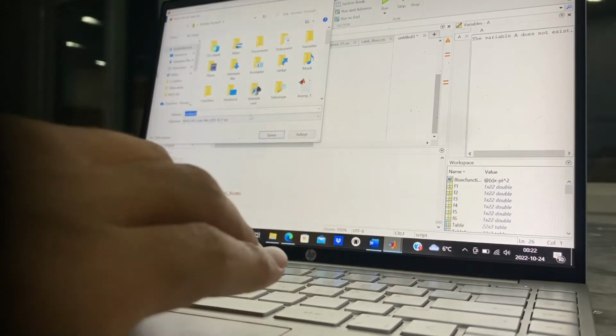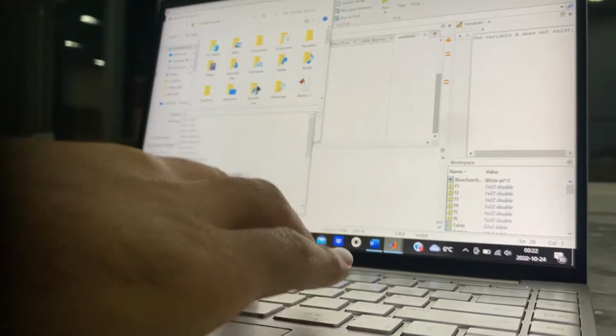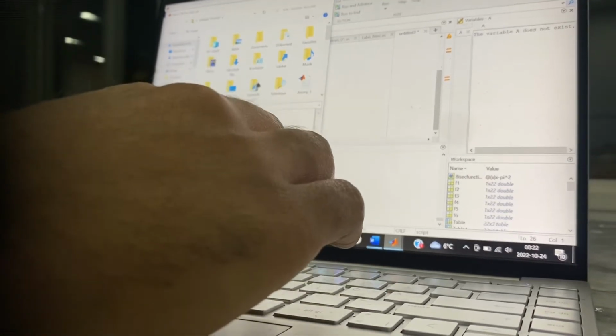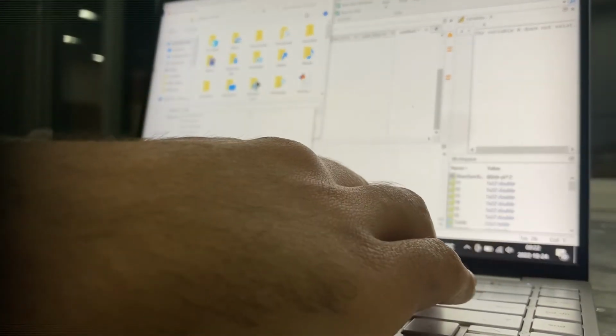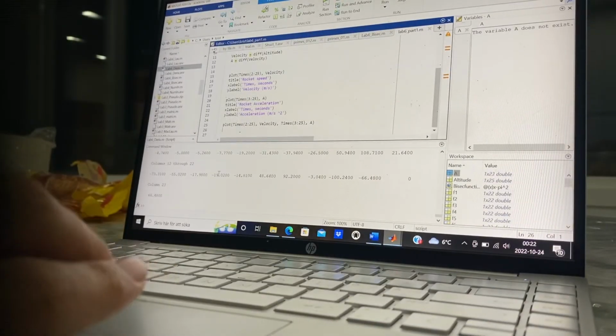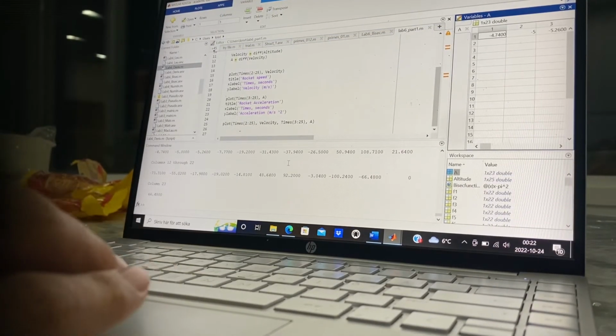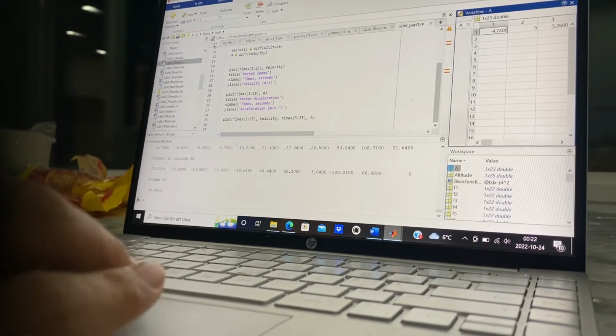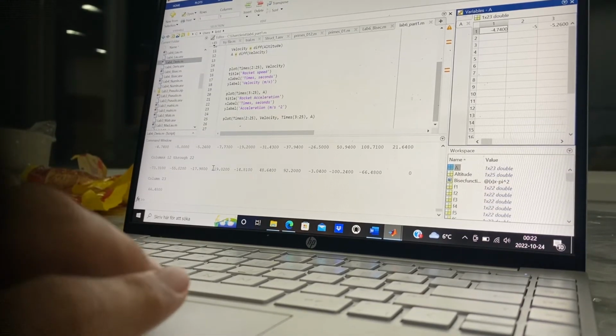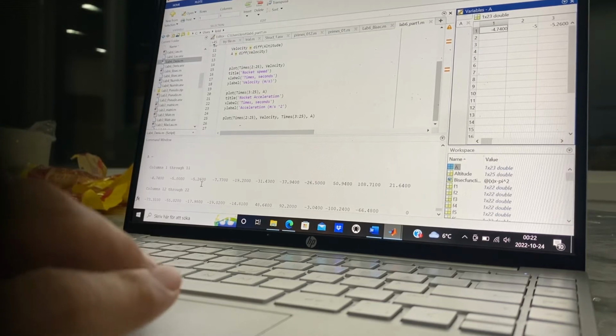Yeah, we can call it M6.1. So I run it, and this is what I got here.